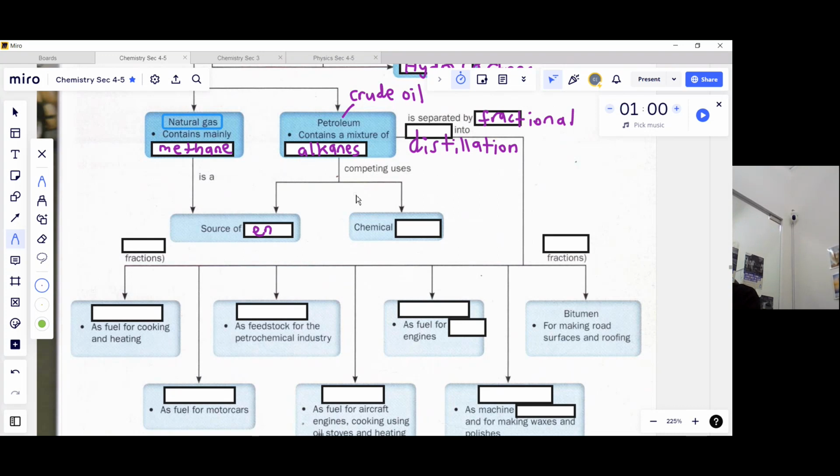Okay, fine. If you want to use the word fuel, that's okay as well. Source of fuel. In fact, most of them can burn. Alkenes, yeah, they burn. What's the other competing use? Chemical what? Chemical feedstock. Try to remember this word, feedstock. It means raw material for making other substances.